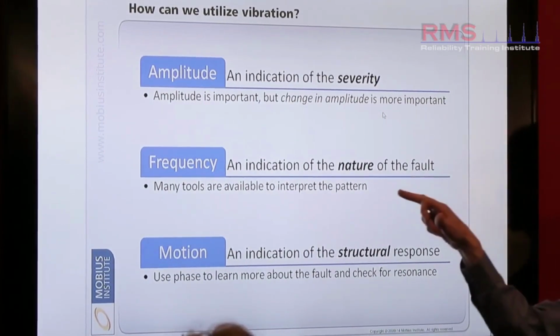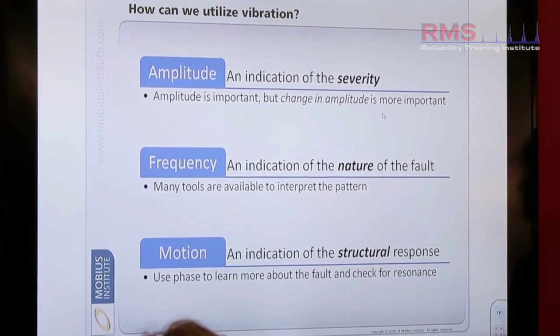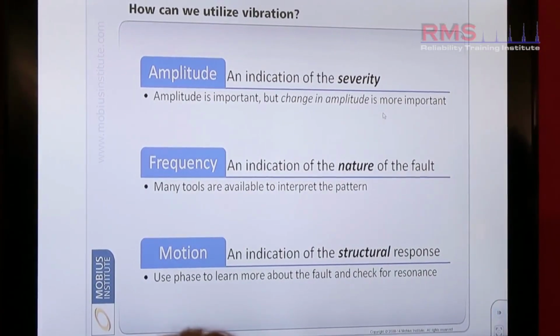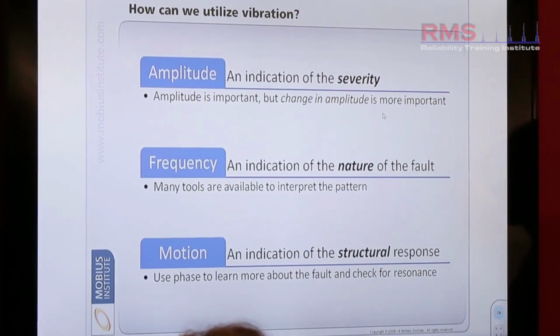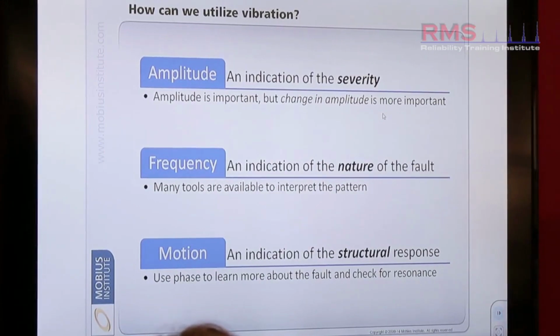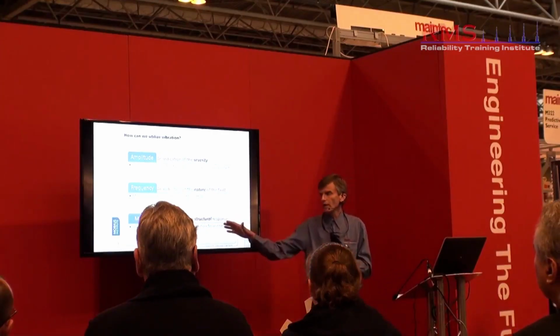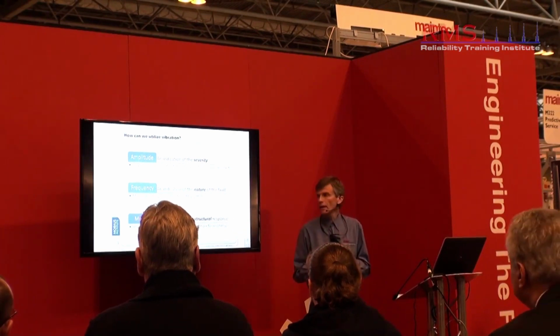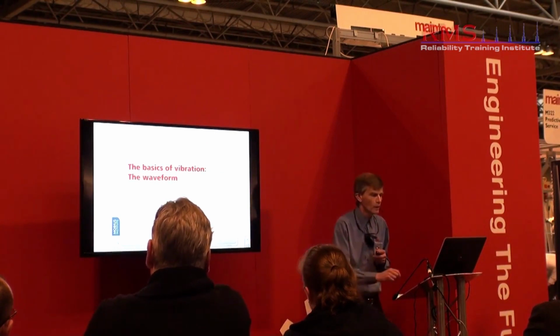So the frequency enables us to understand the nature of the fault, the source of what's causing this thing to vibrate, the defect itself. Is it the bearing? Is it the blades? Is it the coupling? And so forth. And then understanding how a machine might move would actually provide us with more diagnostic information to narrow down the problem.